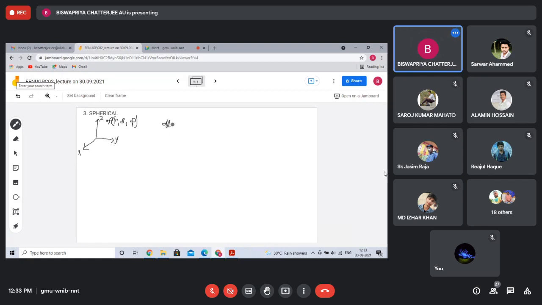Similarly, we are writing dlr. It will be dr magnitude and direction is ar cap. Next to it, it should be dl theta. It should be r d theta, so the magnitude is r d theta and the direction is a theta cap.